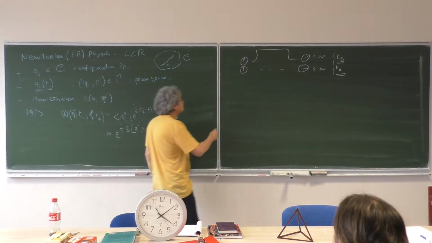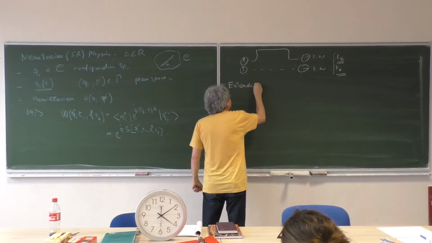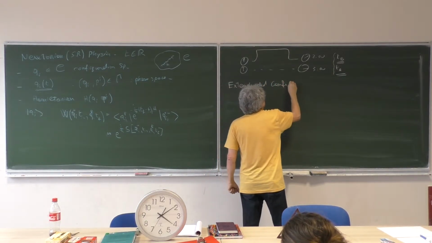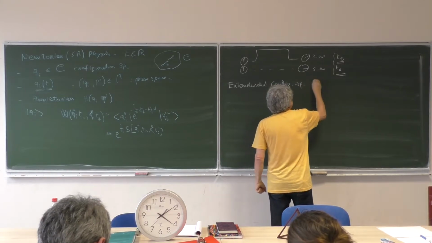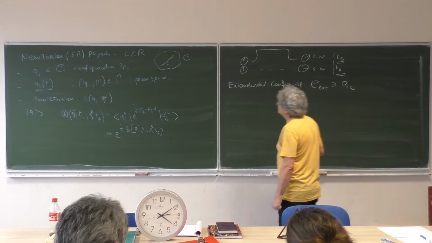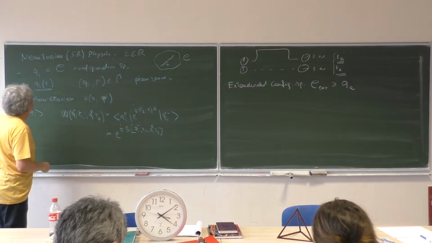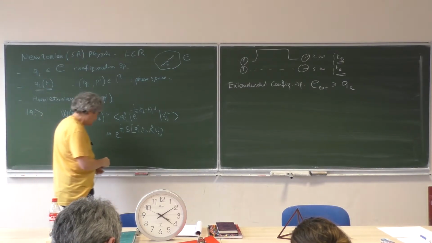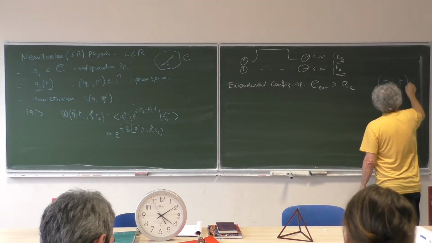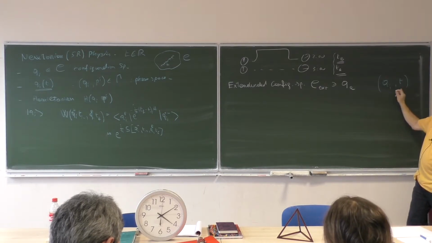and start from an extended configuration space, C extended, which has a set of variables QA, which in the Newtonian case would be, let me put it in blue here, the set of QI and T. But I treat the QIs and T on the same ground.